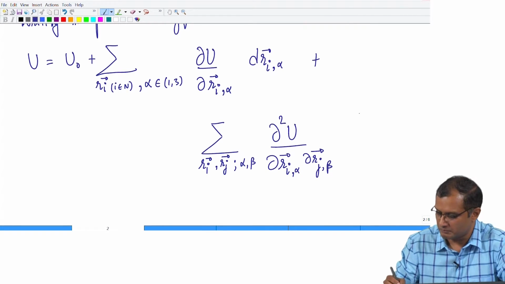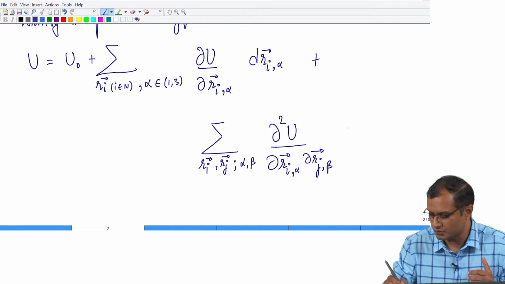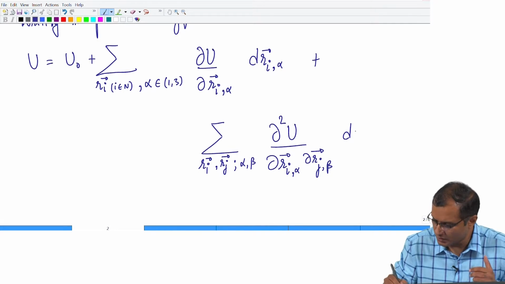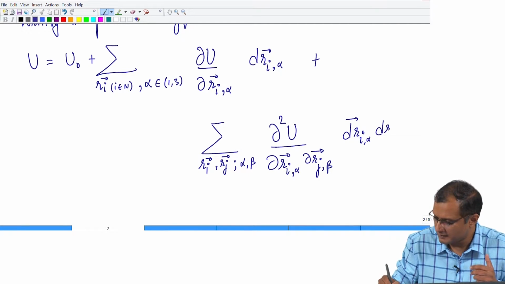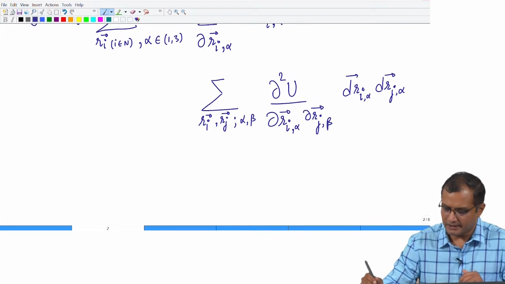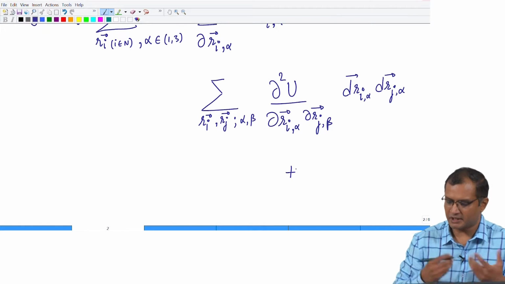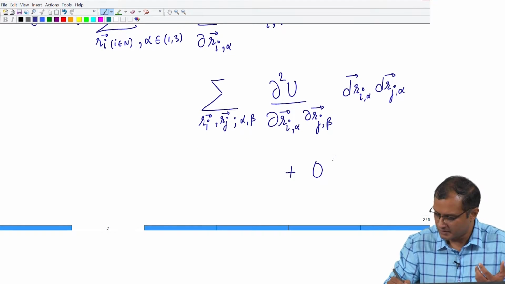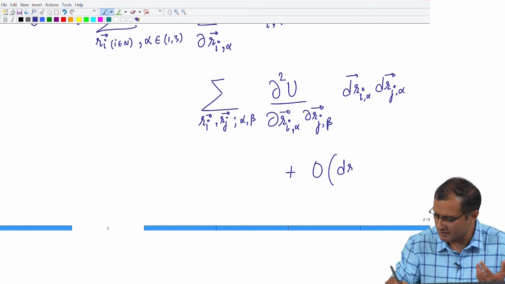Naturally, this is nothing but the derivative. I have to take the order of the displacements, which is quadratic in displacement. So, you can say that the strength of the displacement is quadratic here, and then naturally the higher order terms are being dropped here because they are of the order dr cube.